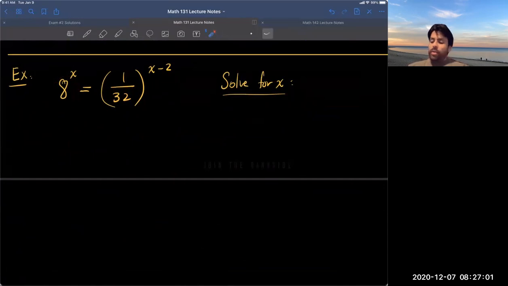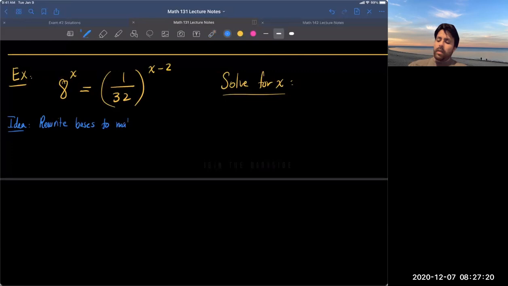Now, Coco, you made a good observation. 8 can be rewritten. So the idea here is to rewrite bases to make the bases the same.